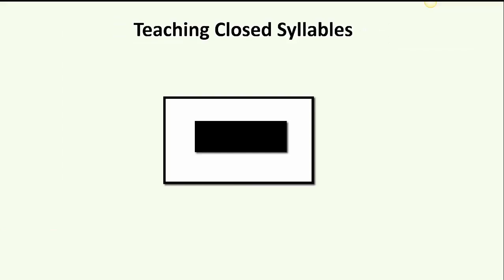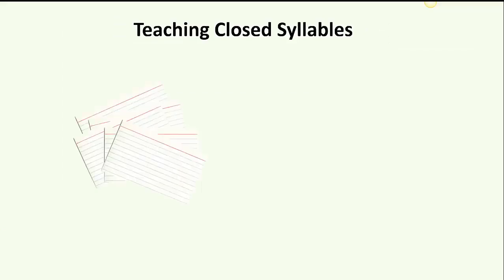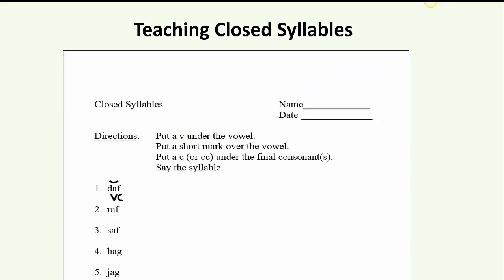Magnetic syllable cards. The same syllables can be put on 3x5 cards and dealt out for students to read out loud. Or the teacher can ask, who has the syllable that says fal, as in falcon.